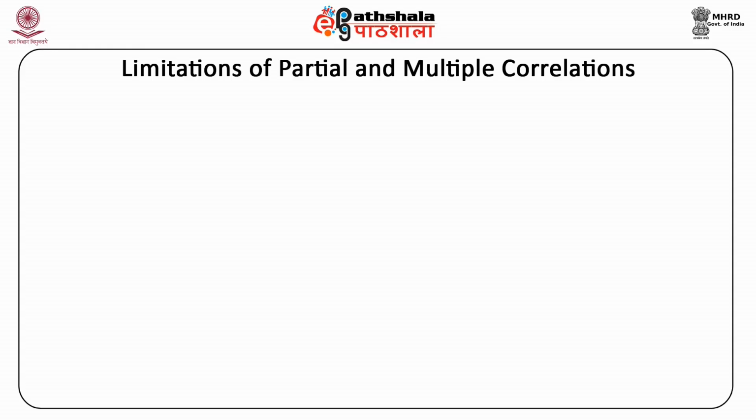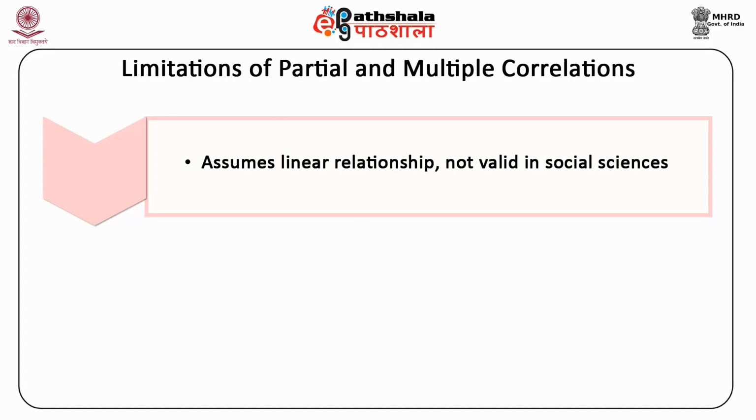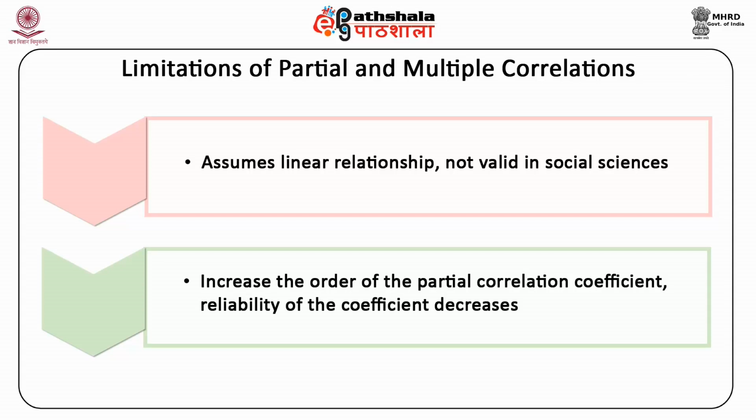This concept has certain limitations, which are stated as follows. First, the computation of partial correlation coefficient is based on the simple correlation coefficient and it assumes a linear relationship. This assumption is not valid in social sciences as it rarely exists in such phenomena. Second, as we increase the order of partial correlation coefficient, the reliability of the coefficient decreases.